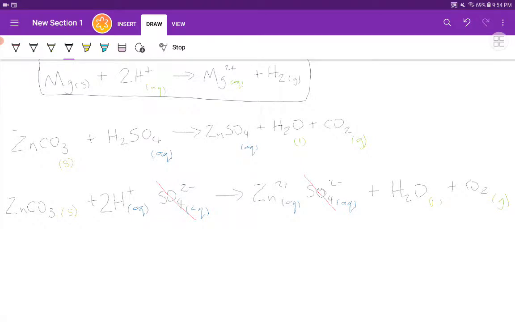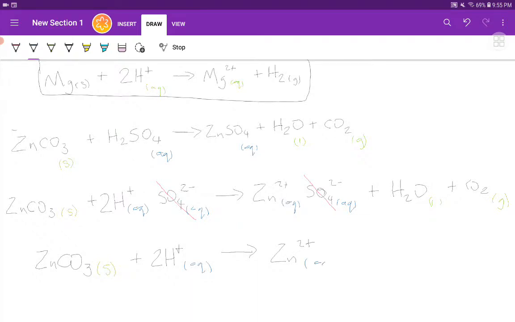So now we can set about writing our net ionic equation. We're going to have our zinc carbonate in the solid state plus our 2 H plus ions. Those are aqueous, giving us zinc ions, so Zn 2 plus ions.